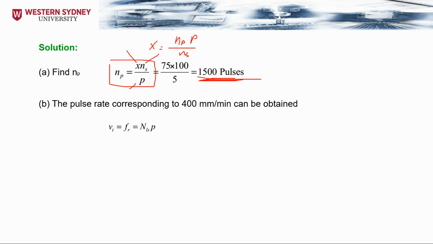Now, the pulse rate corresponding to 400 millimeters per minute can be obtained as follows. The feed rate is given, the pitch value is given, and I can find the frequency by rearranging this equation as we did in the previous example. Now we need to find the frequency. This will be our first thing to be done. So the frequency is going to be equal to the feed rate multiplied by Ns, the number of slots, divided by 60 multiplied by the pitch value.